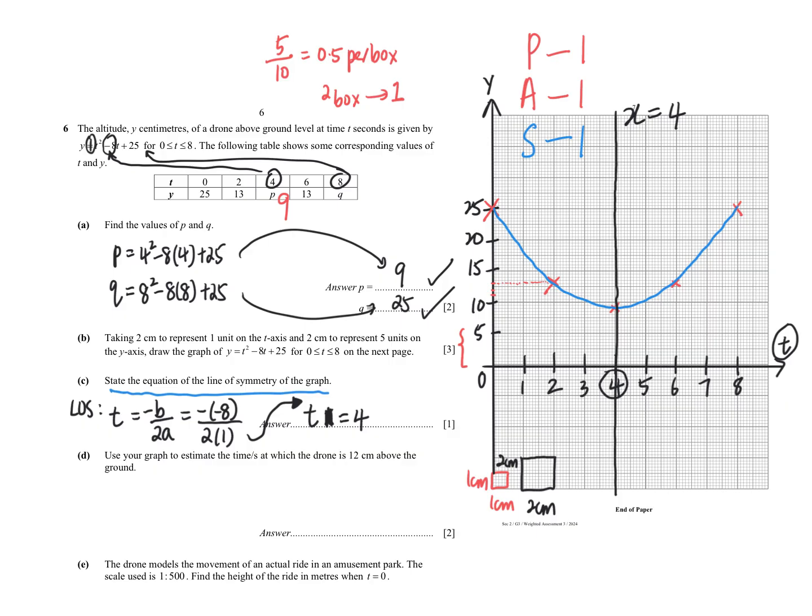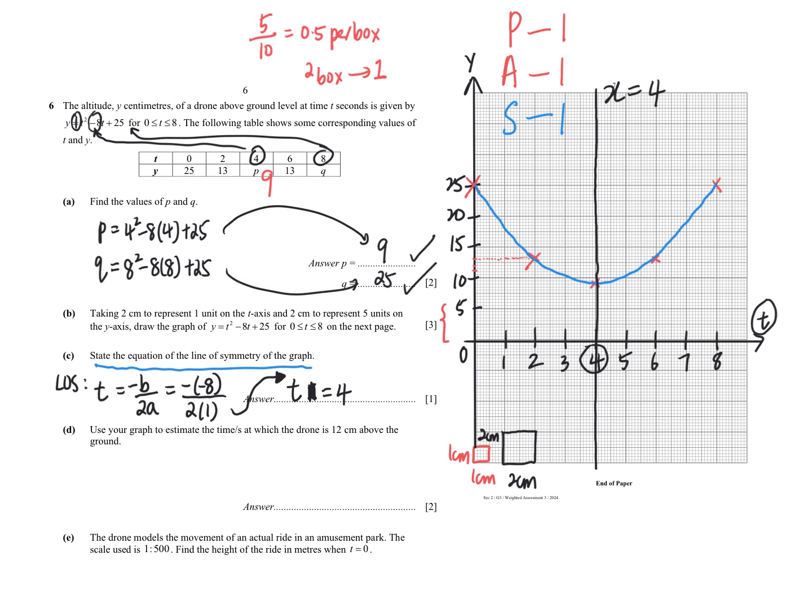Okay, last one. I say that I want to find the time when the drone is 12 cm above. So you go to your graph and look for the 12 cm mark and then draw the line. So this is the 12 cm mark. Go and read the time that it happens.